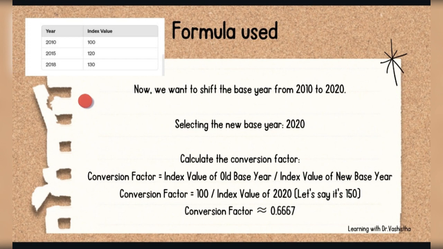So as we see, the old base year index value was 100, and we assume that the index value of 2020 is 150. After dividing the old by the new, we get the value equivalent to 0.6667. So this 0.6667 is our conversion factor. Now we'll use this conversion factor to develop the new series with the new values.